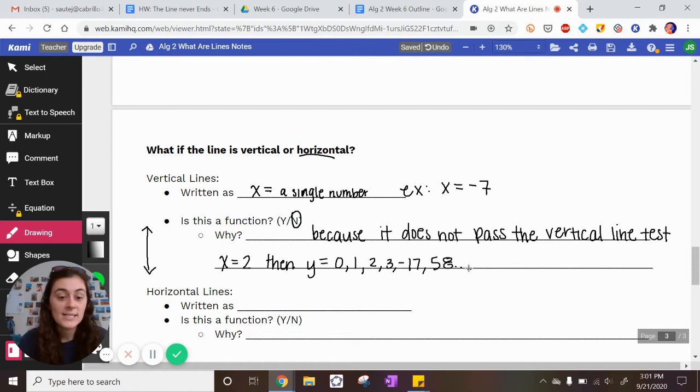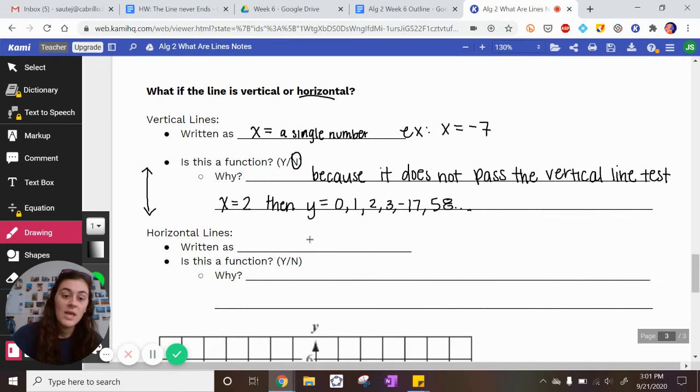And we'll show an example of a graph of an x equals value later. But if you have one value for x, any single value for y is possible. All you have to do is look at the graph. So vertical lines are definitely not functions. They break about every single aspect of a function that you could ever think of. And so that's our main example of a line that is not a function.